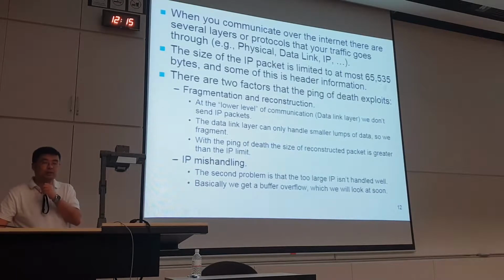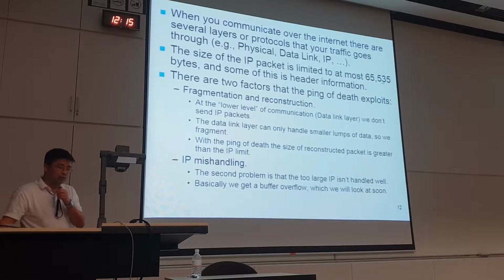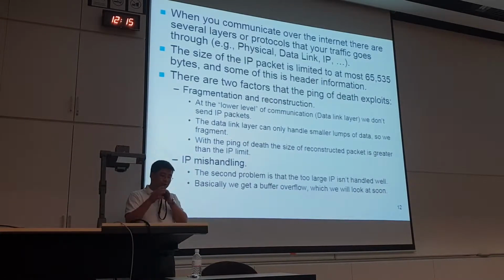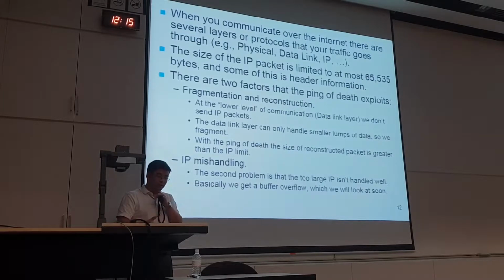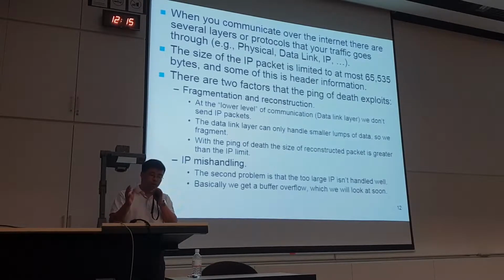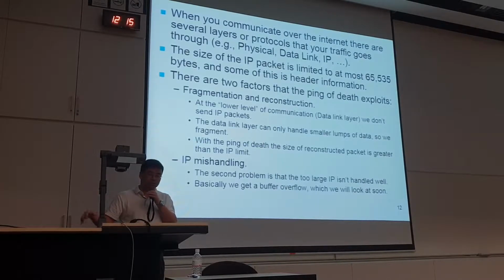This size is larger than the limitation of the next layer, the data link layer. When the IP packet is passed to the next layer, the data link layer cannot handle such a big packet. So fragmentation will be performed. The original IP packet will be fragmented into different blocks, which are sent to the physical layer and delivered one by one.